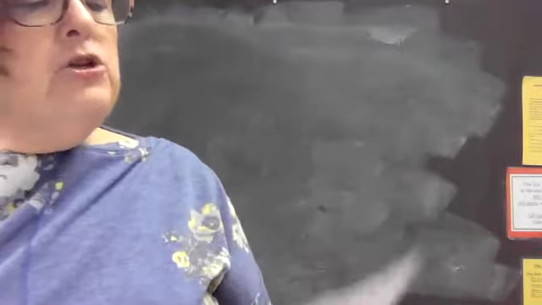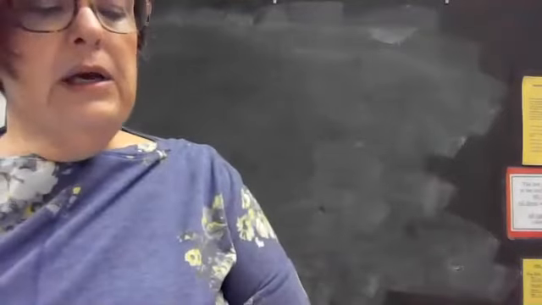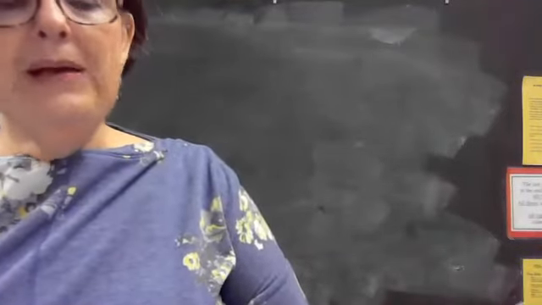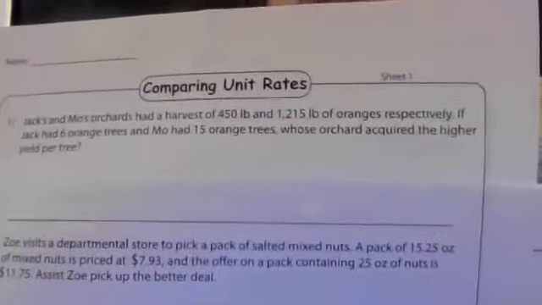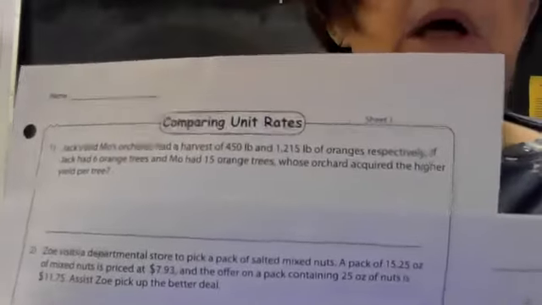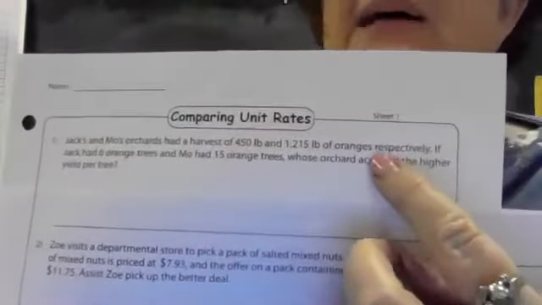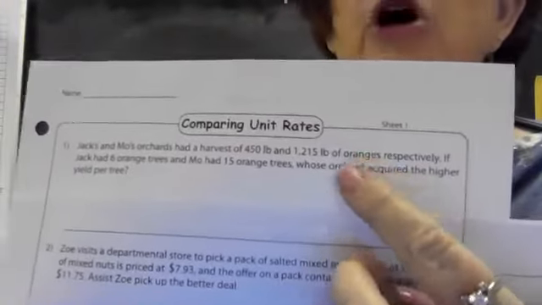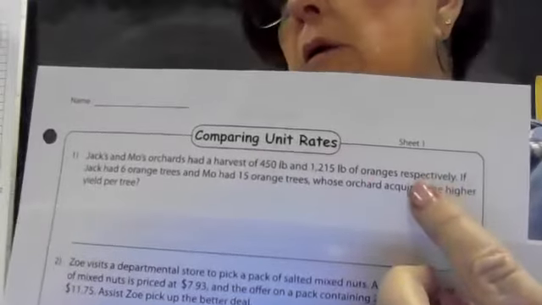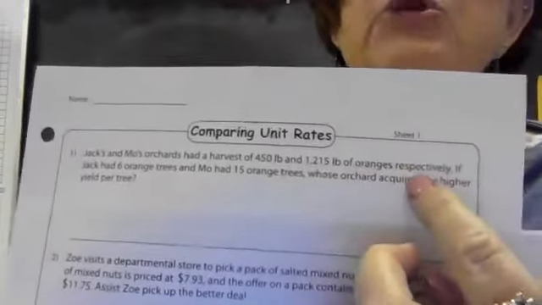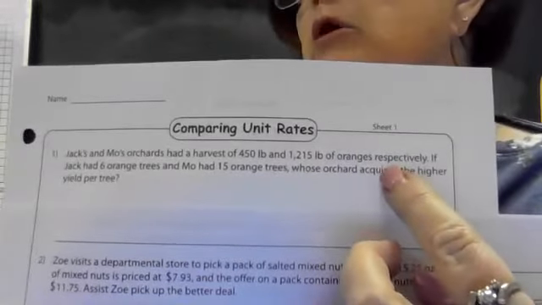Now, I want to make sure that you understand what the word respectively means here. Look at this carefully, because if you don't understand the words, then you can't do the problem. Respectively is not respectfully. That's not being polite to somebody. Respectively means in the same order.